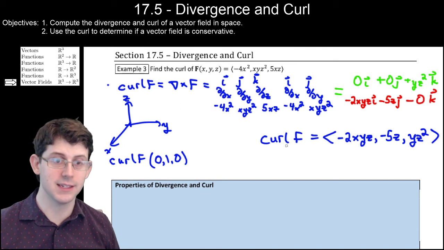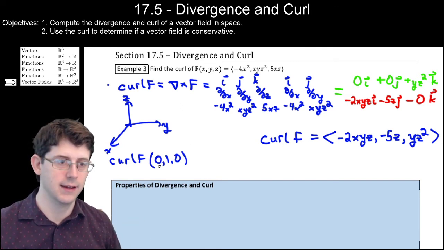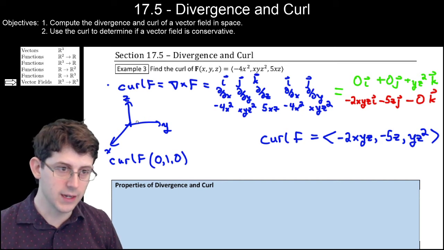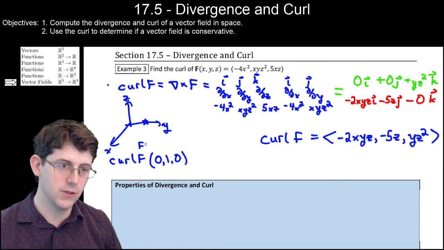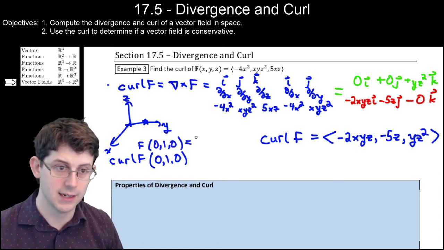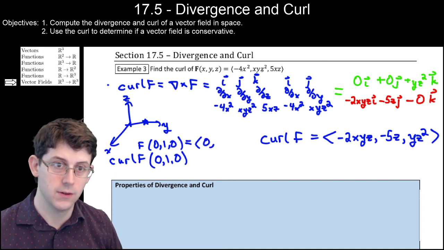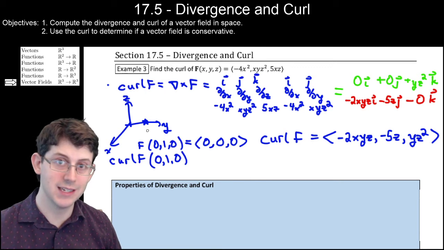Curl F is, at every point in space, that wind causes some spinning. So if you pick a point, like 0, 1, 0, a point here on the y-axis, you could find how the wind is blowing by plugging it into F. And I'd get 0, 0, 0. So the wind is calm here.